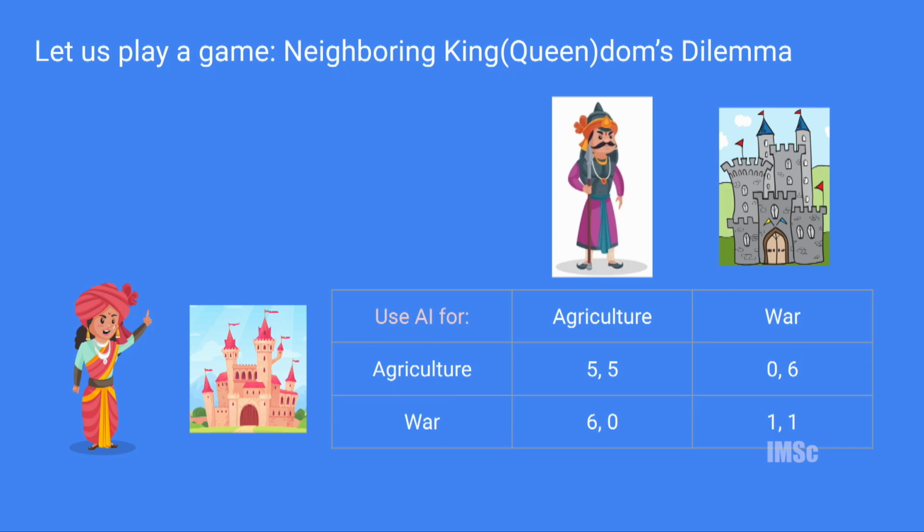If they choose war, they can easily invade the kingdom, get all their agricultural produce, in addition their land and many other things. So the utility or happiness that they get is higher than what they could have got with just the agriculture choice. The kingdom loses everything, so it goes down to 0, a huge loss for them. And the symmetric opposite thing happens when the queendom chooses agriculture and the kingdom chooses war.